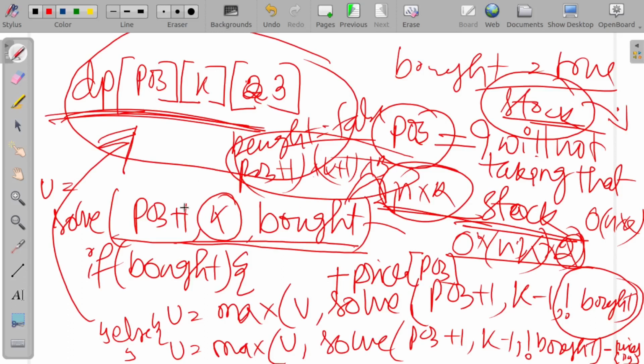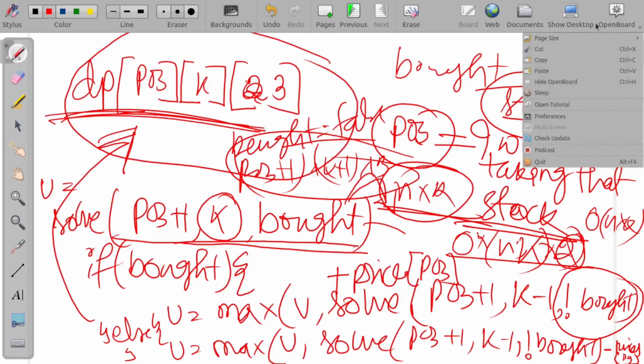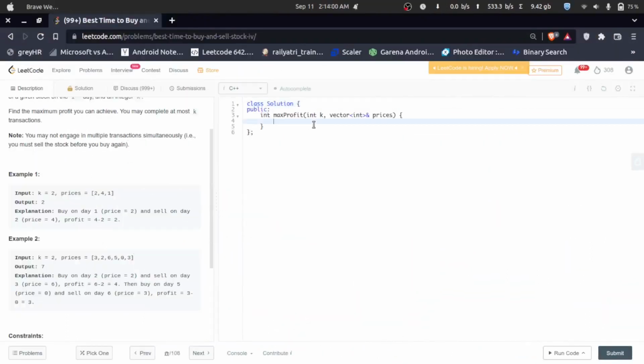So right now I am trying to implement my logic as a coding interpretation. First I'll make integer n equals prices dot size. Integer is already present, so there is no need to do that. So vector of integer, first one, second one, third one, then the dp, then we'll have to initialize that.